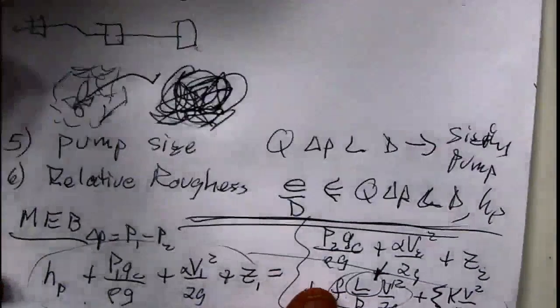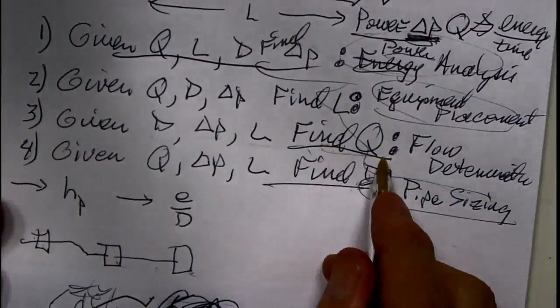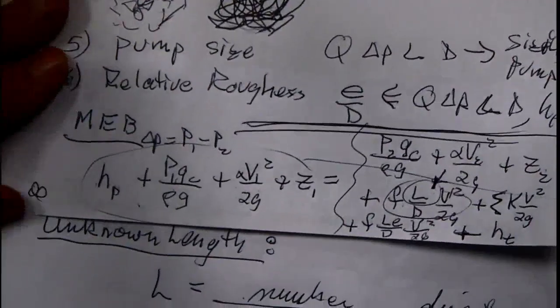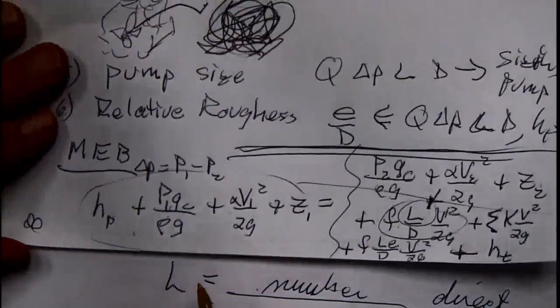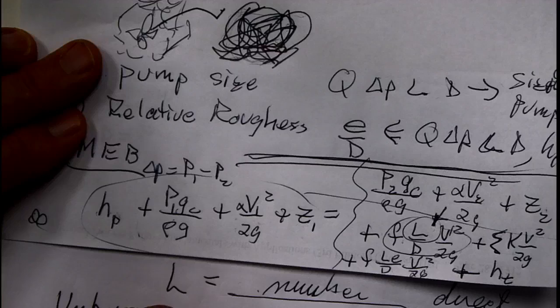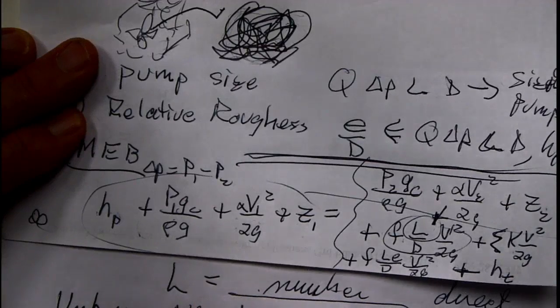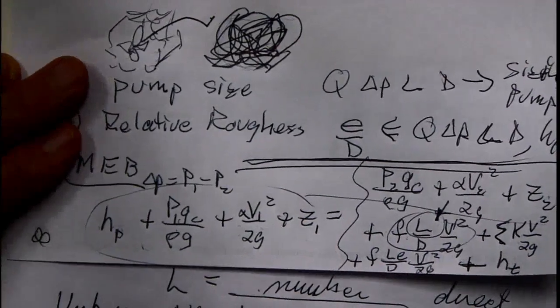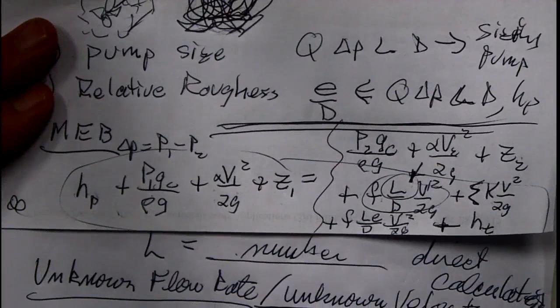Moving right along here, we find Q, the volumetric flow rate. Unknown flow rate. Now this is a little bit trickier. This is actually unknown velocity. Again, I start with a mechanical energy balance.